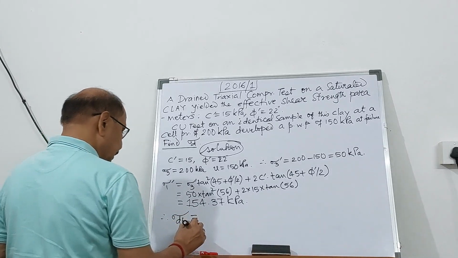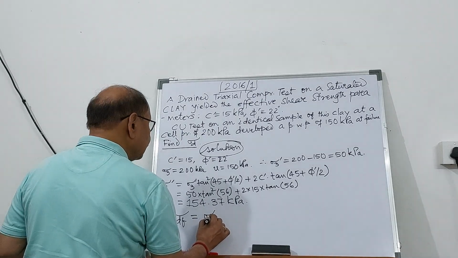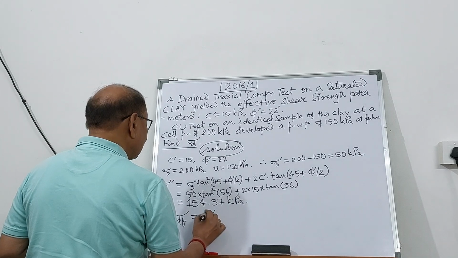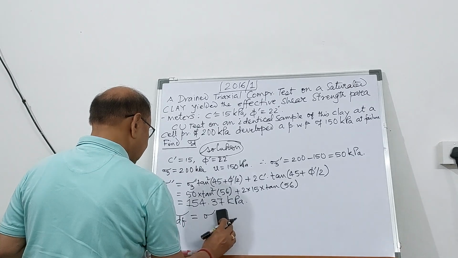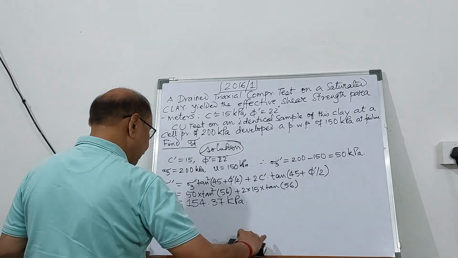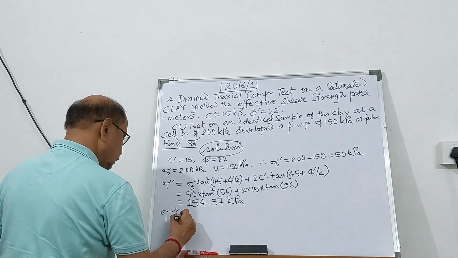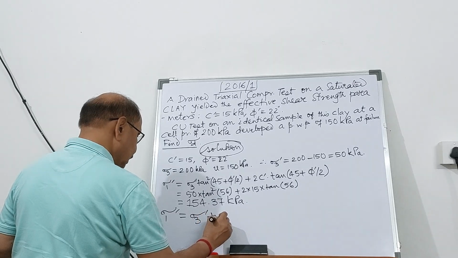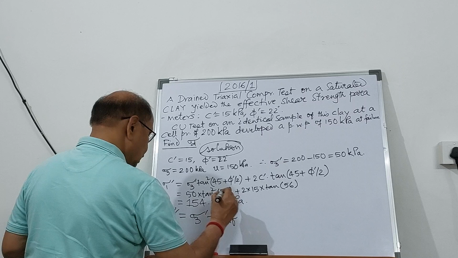Sigma d will be, you already know it, that sigma 1 prime equal to sigma 3 prime plus sigma df.